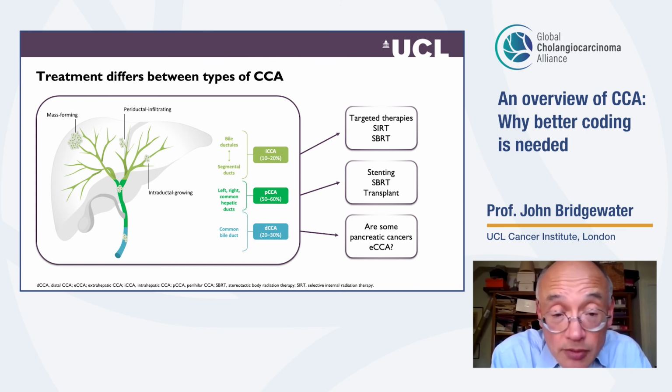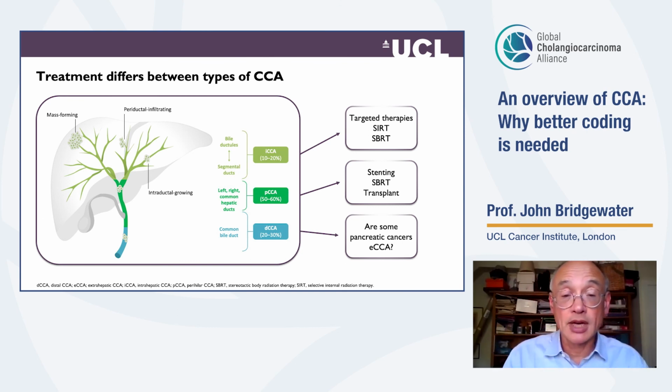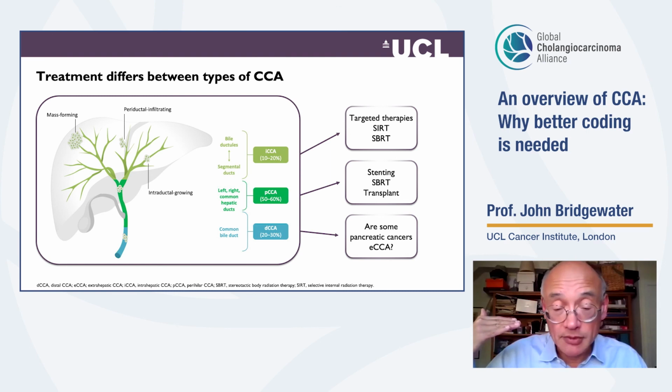Some, of course, are not pancreatic carcinoma patients. Some of them are cholangiocarcinoma patients with liver metastasis. And so once again, a detailed anatomical and biological description of these would be really important to work out exactly how many patients we have with these cancers.